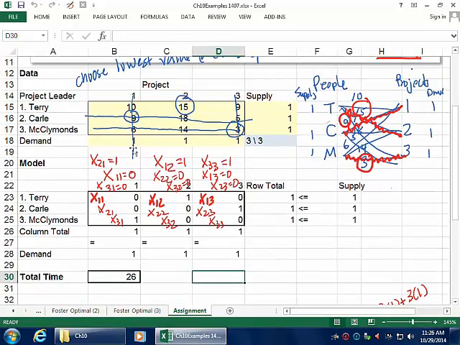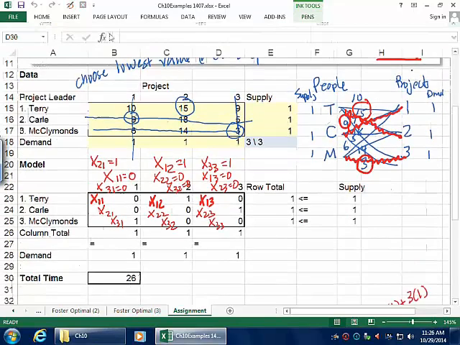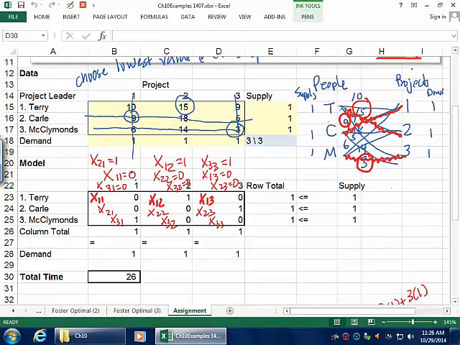So here we have a different answer. We are choosing McClemens for project 1, and Terry still gets project 2, and project 3 is Carl.